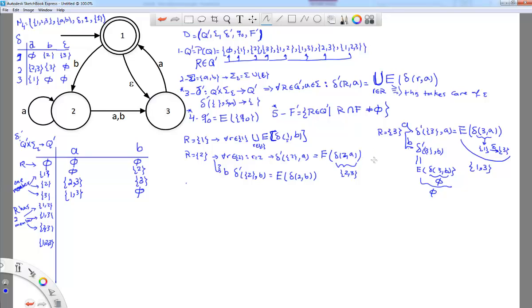Now the union comes in handy. So what if R is equal to state 1, 2? What is going to be the result for A?